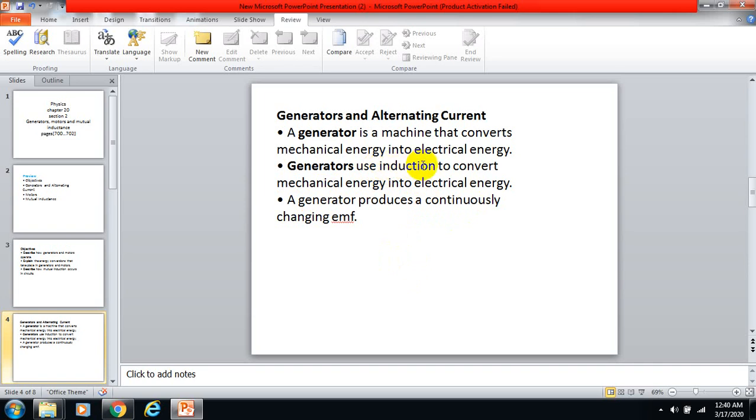It facilitates the conversion of mechanical energy, giving courage, you can say, to the mechanical form to change itself into electrical energy. A generator produces a continuously changing EMF, electromotive force, continuously changing the direction, the speed, and all those things.